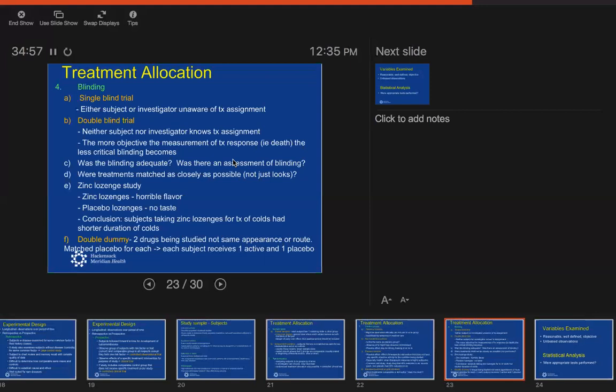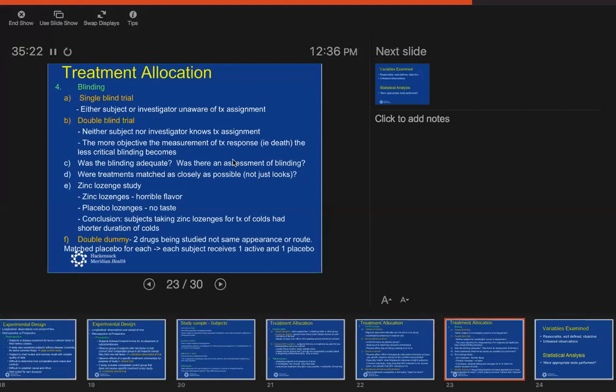So it's when you have two treatments, group A gets a treatment, group B gets a treatment, and they can't be given the exact same way. Maybe one is intravenous, one's a pill, or one's a liquid, one's a pill. It means that each subject will get one of each thing. So let's say one's a pill, one's intravenous.